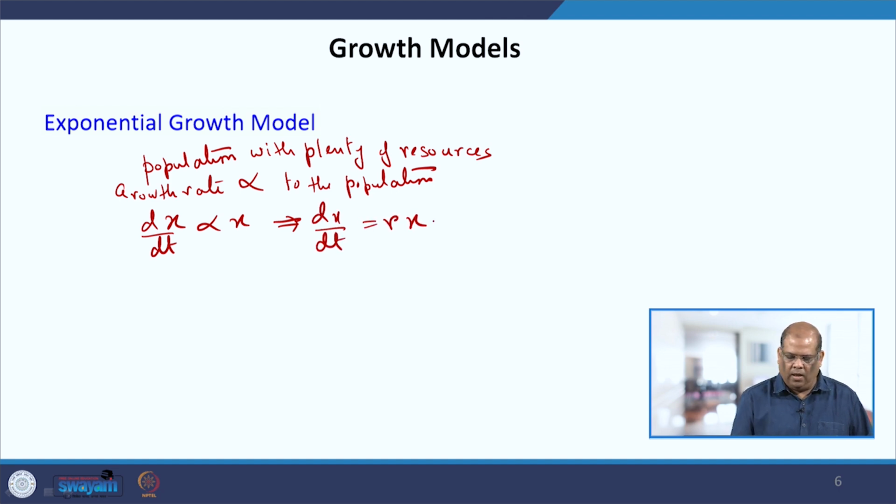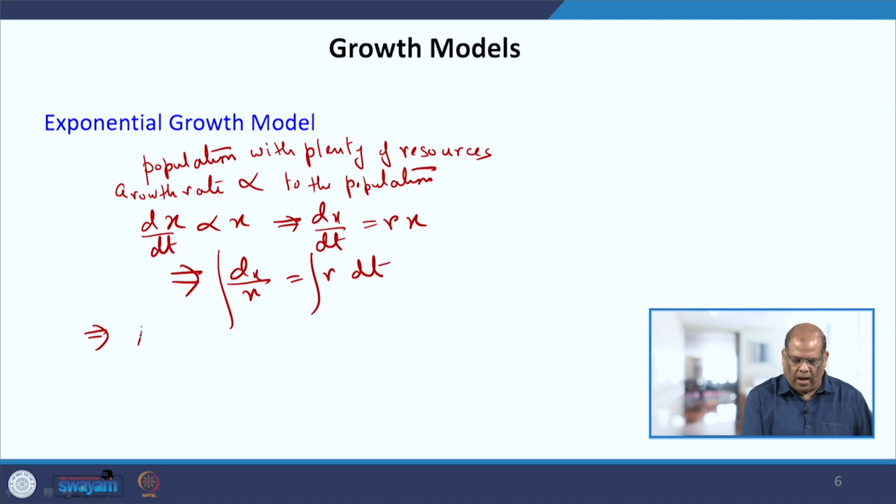This will imply dx/dt equal to some r times x. Now, if you simply solve this differential equation, this will imply ln x equal to rt plus an integrating constant. So, ln x means the base is e.